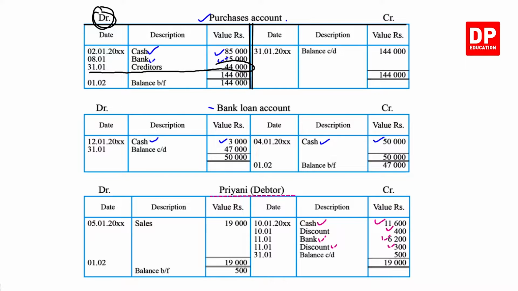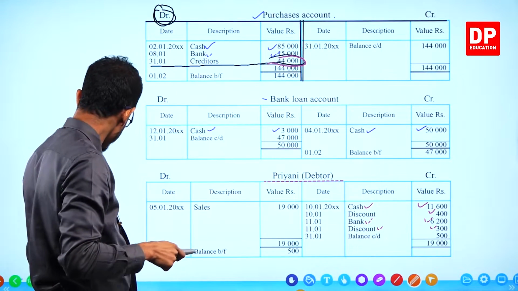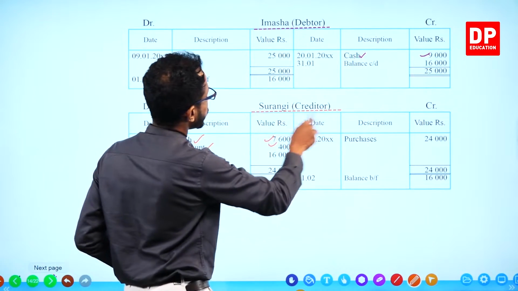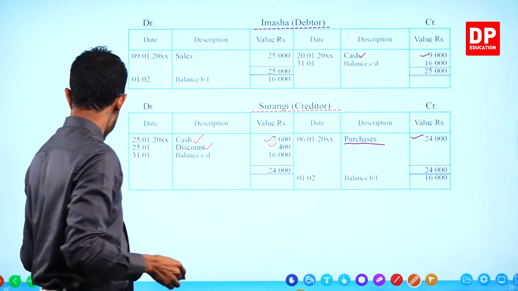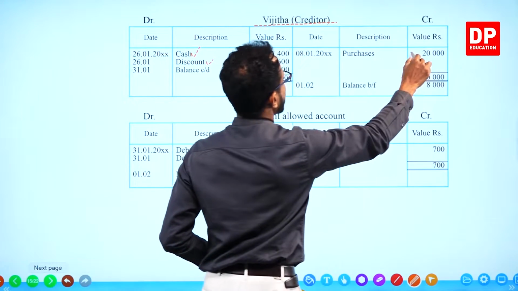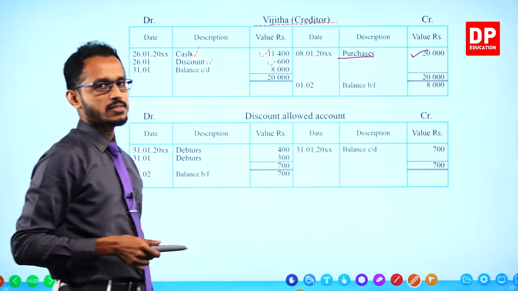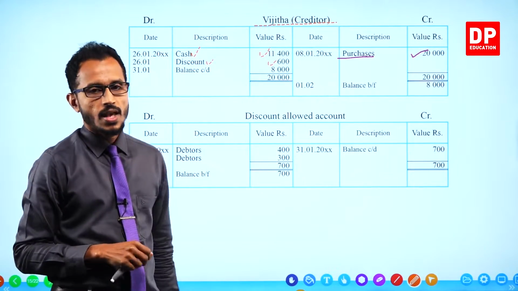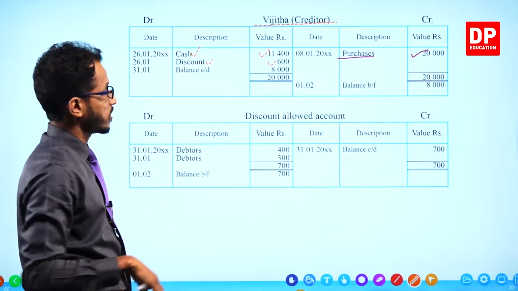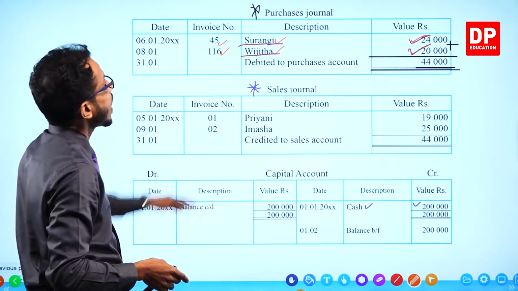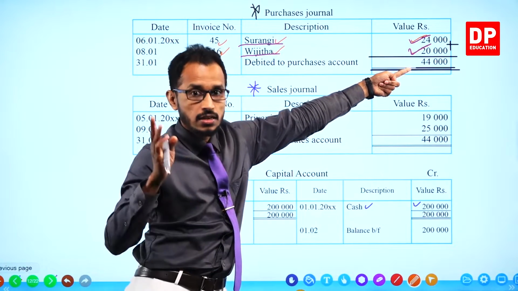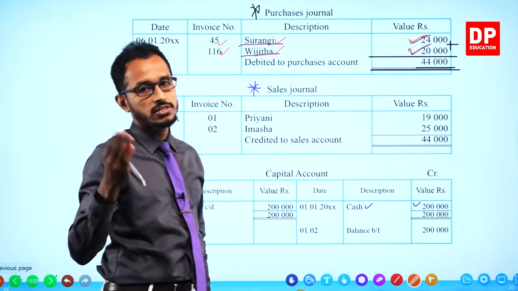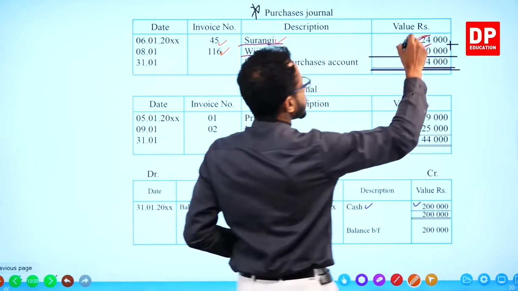Because you debited the purchases account 44,000, you credit to individual accounts Surangi 24,000, Vijitha 20,000 as purchases. Purchase journal done. You recorded in the purchase journal and you transfer the month end total to ledgers. This is completely done.